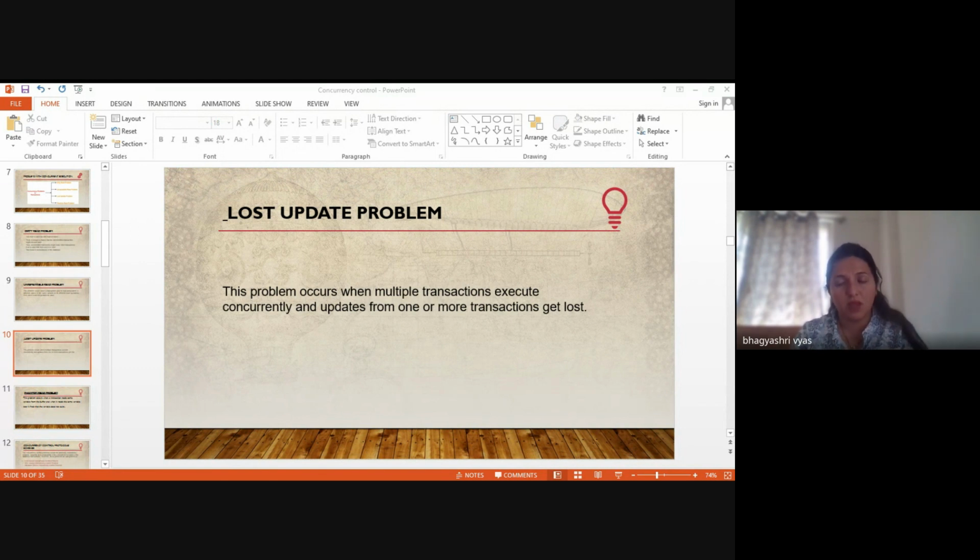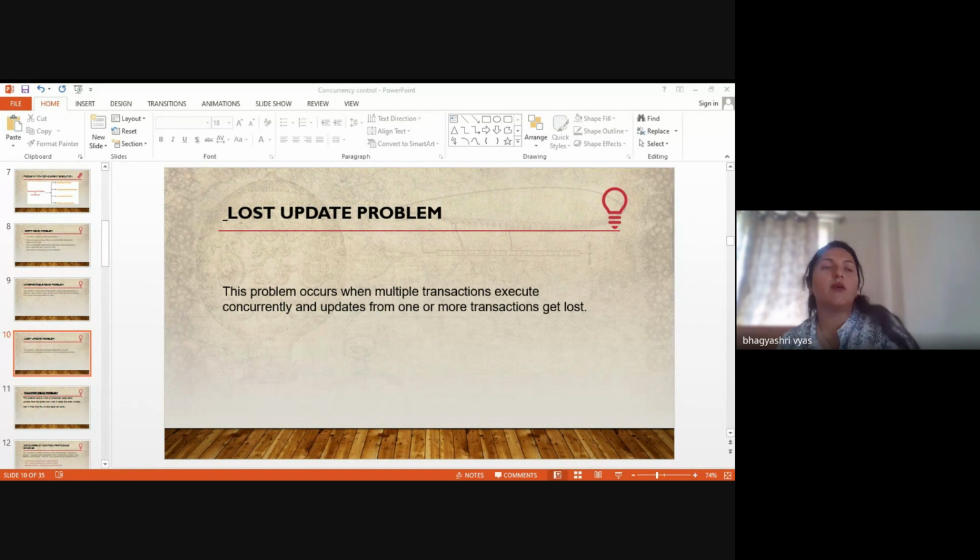I'll share the lost update problem example with you. This is just the formal definition which you need to write in the university examination.